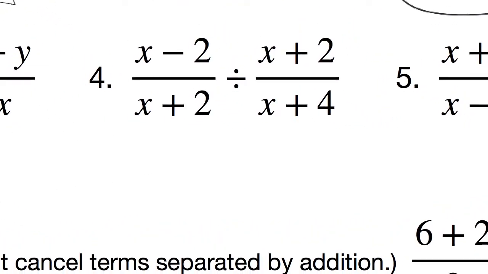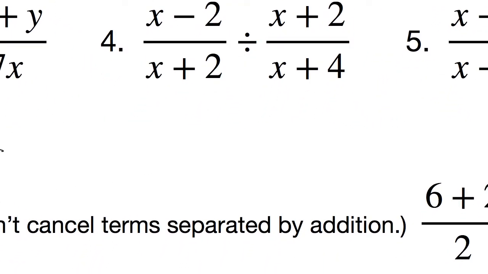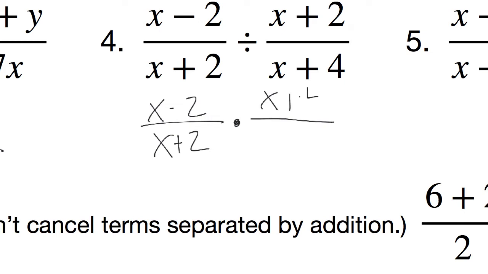Here, if we were dividing fractions, I just want to remind you that dividing is the same thing as multiplying by the reciprocal. So we can say that this is going to be (x minus 2) over (x plus 2) times, flip it, the reciprocal would be 4.